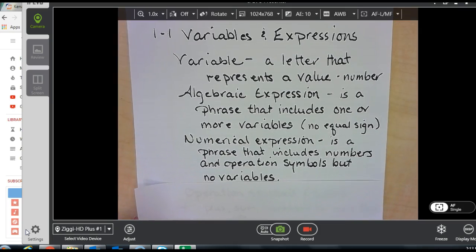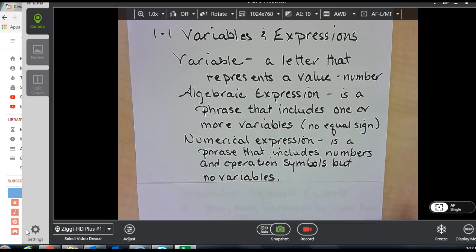So when we're talking about a numerical expression, it is a phrase that includes numbers and operation symbols, but no variables. So those are the kind of expressions you are used to. You are used to 8 minus 2, 5 plus 3. Those are all ones you're used to.